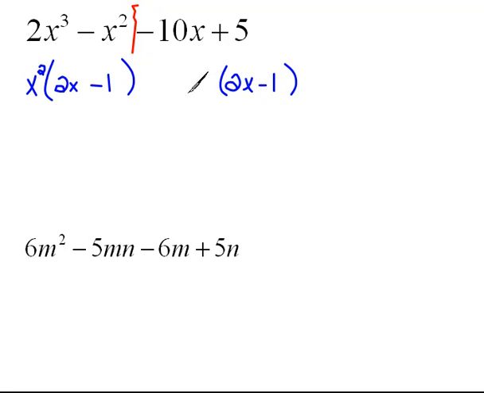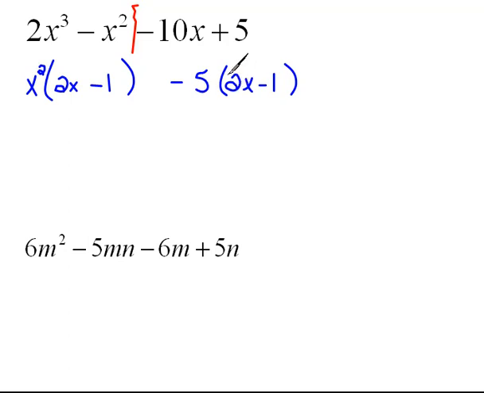Now, what would I have to pull out of negative 10x so that when I multiplied it to 2x, I could get right back to where I started? Well, wouldn't that be a negative 5?